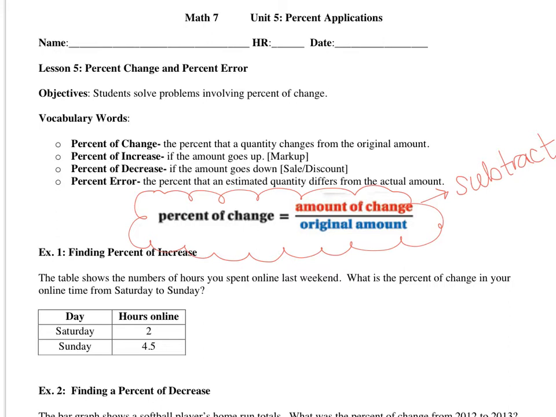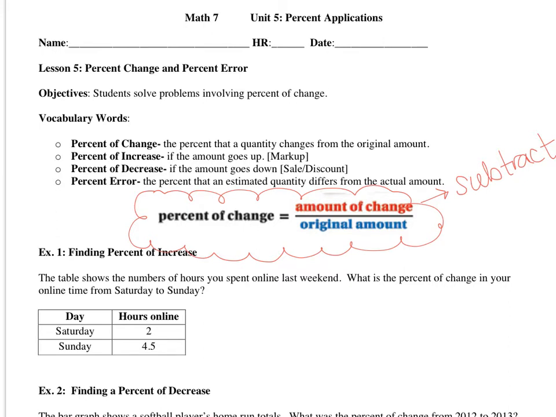Now in example 1, it's asking us to find the percent increase. In this problem, the table shows the number of hours you spent online last weekend. What is the percent of change in your online time from Saturday to Sunday? Before we begin, let's think about what our original is and what our new is.